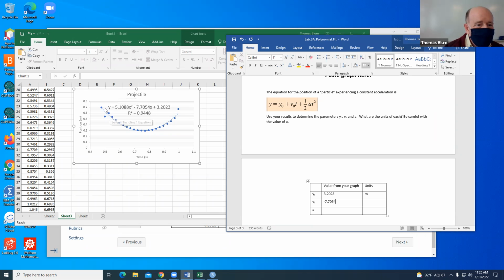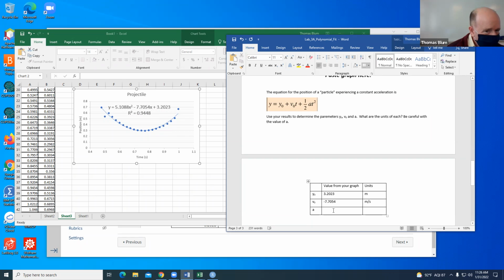So y is meters and x is seconds, and so this number, when multiplied by seconds, should give me meters. That makes it meters per second. If I have meters per second and I multiply them by seconds, those seconds cancel and I'm left with just meters. So I want overall this number and the x combined to be a y, which is meters. And if x is a second, then this must be meters per second.